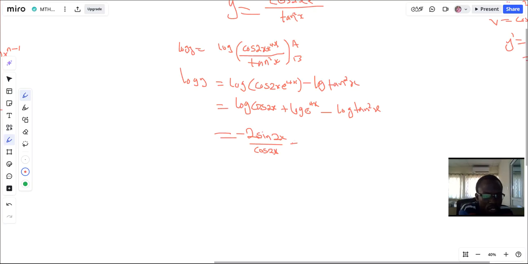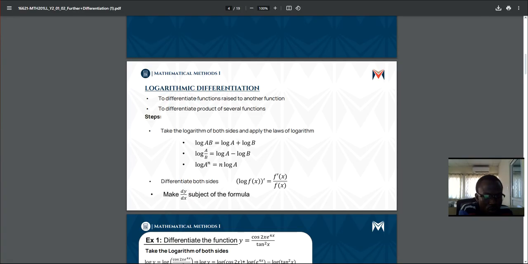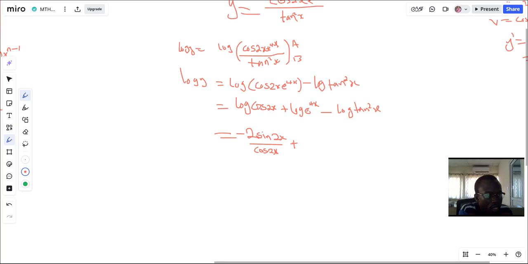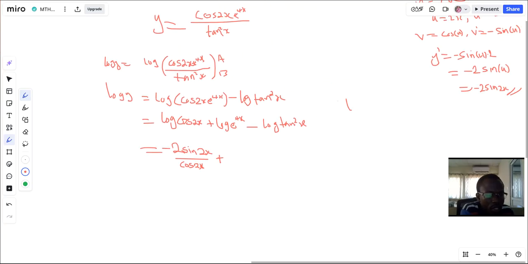Plus, in case you don't know how we get this, go back and check this formula: if you have log f of x, the derivative of that log is equal to the derivative of the function divided by the function itself, according to the law of logarithms. Secondly, we have log e power 4x. Let's say y is equal to log e power 4x.